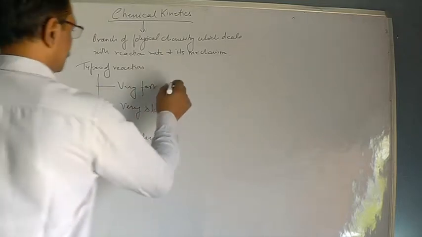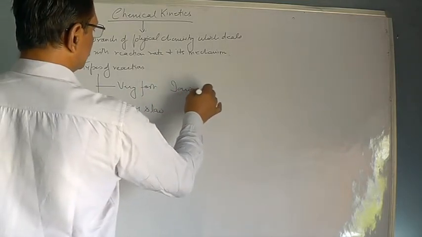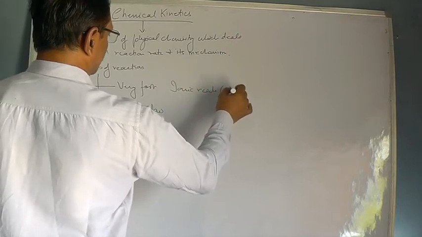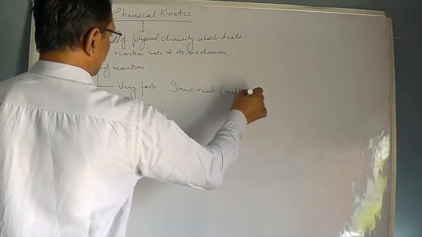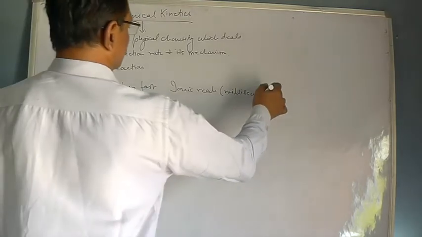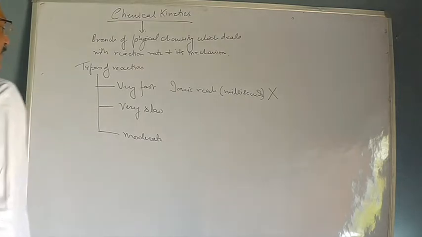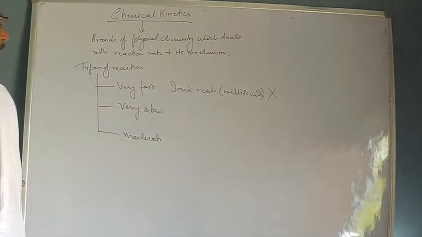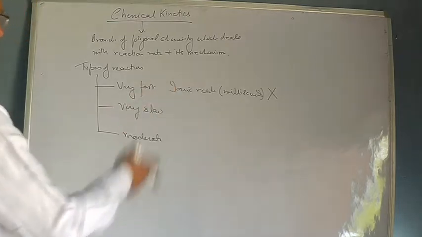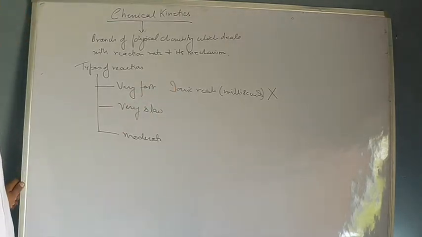Very fast ionic reactions require milliseconds to get completed. Milliseconds. So that's why they are not studied in chemical kinetics. Since the reaction is very fast, in the meantime we start our stopwatch, the reaction will be finally over. So since very fast, hence we do not study.